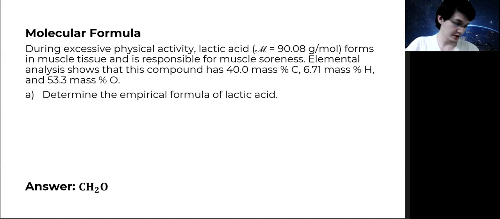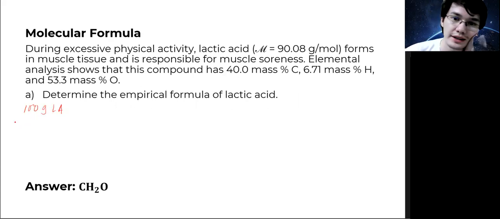So first, we assume 100 grams of lactic acid. Then we multiply it by the mass percentages. We have 100 grams of lactic acid, 40% carbon. So we have 40 grams carbon.